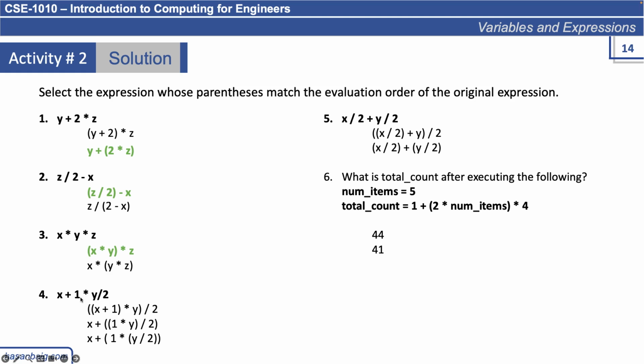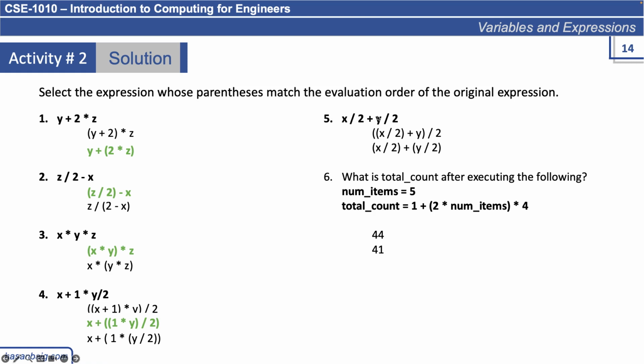So 1 times y will be evaluated first, because this multiplication operator is encountered from left to right first, and then the result is divided by 2, and then the entire result of this expression will be added to x. So the second statement is the correct answer.